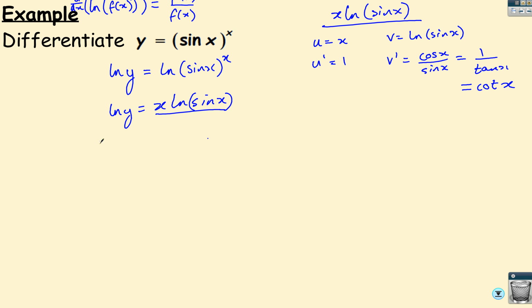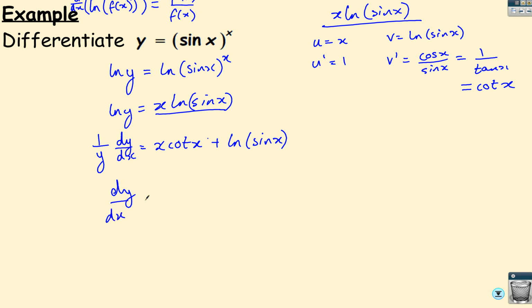So let's march on. 1 over y dy by dx equal to uv dashed, so x cot x plus vu dashed, so plus log of sine x. Okay, now we need to multiply up by y, so dy by dx equals y times, we need to put all of this in a bracket now, x cot x plus log of sine x.